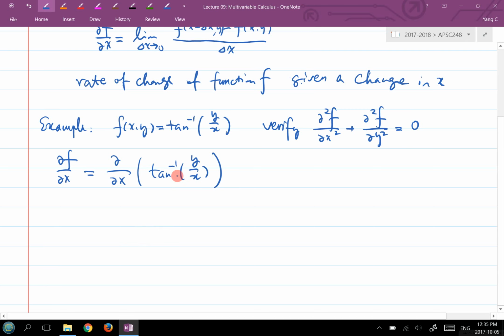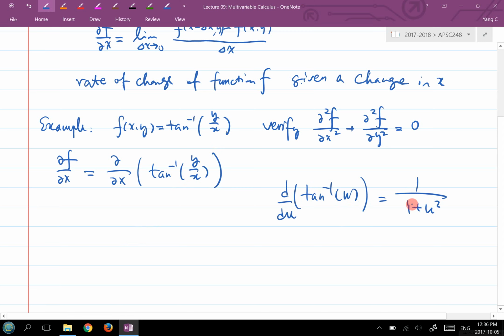Now, before we move on, for this tan inverse function, maybe just to review it here. If we have a function of a single variable and we take a derivative of this function with respect to u, we get 1 over 1 plus u squared.